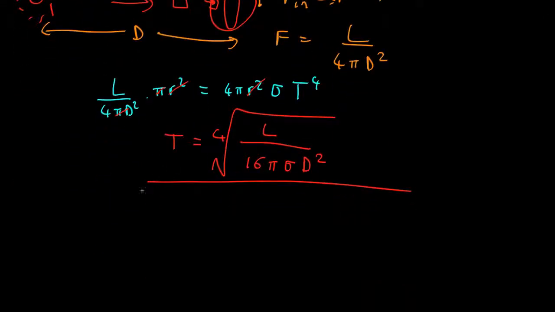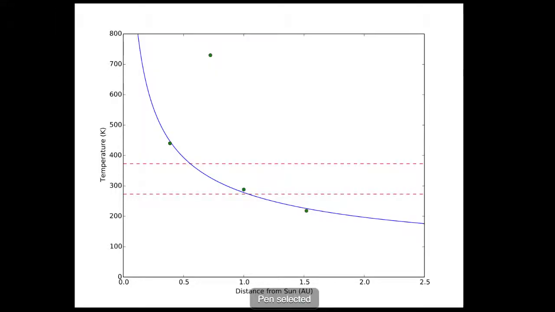So that's our prediction. How does it work in our own solar system? So here's our prediction. The blue curve here is the curve we've just calculated, and this is for our own sun. So what you see is the temperature goes down as you go away from the sun, as predicted. So if this was correct, it tells us that the habitable zone for our own sun would be from about here.